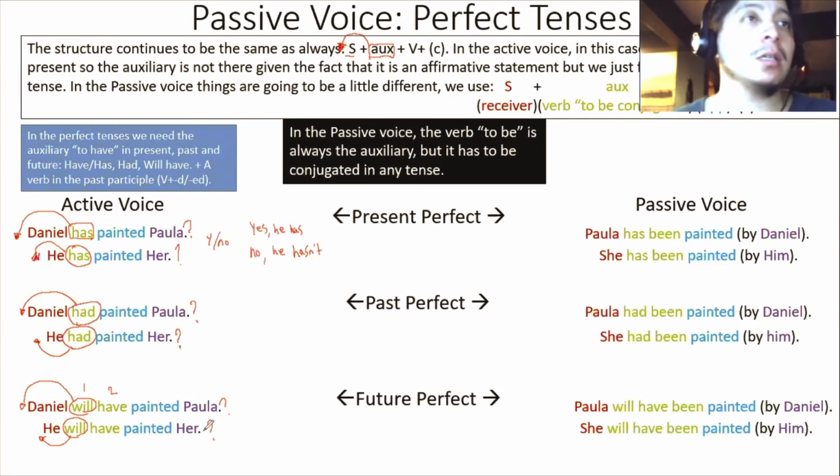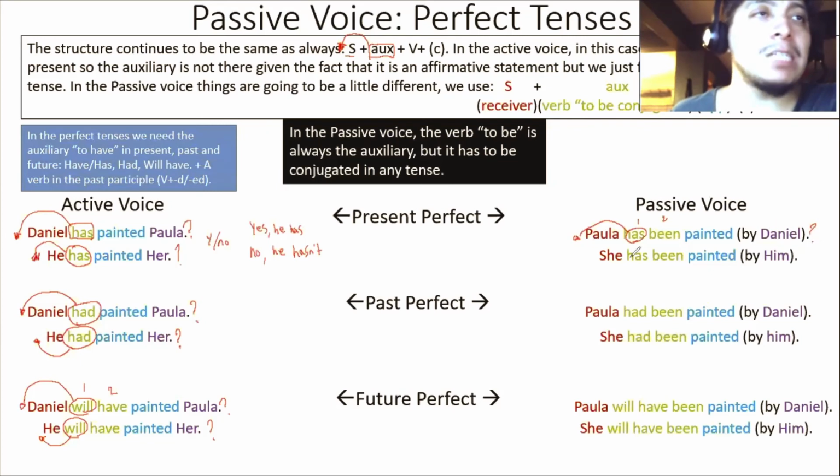That's pretty much it. What about the passive voice? Again, we have 1 and 2 words as the auxiliary. Only the first word switches positions. So, has Paula been painted by Daniel? Yes, she has, or no, she hasn't. Has she been painted by him? In the past perfect, had Paula been painted by Daniel?